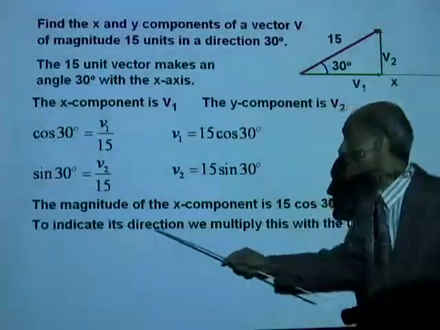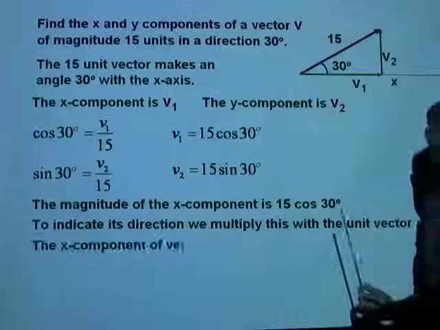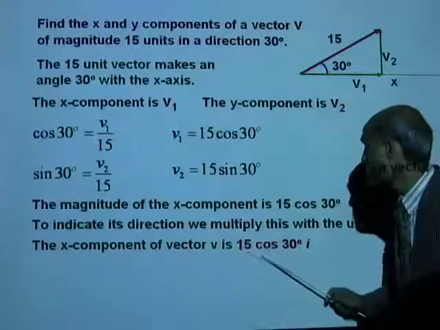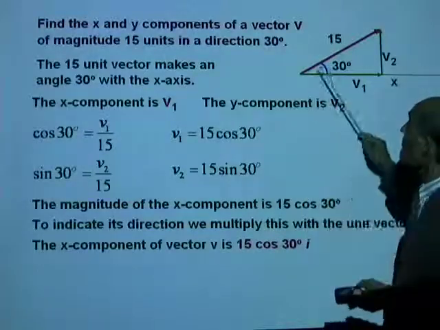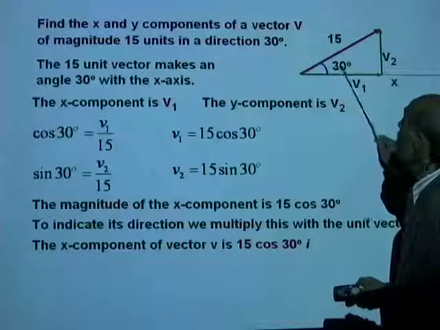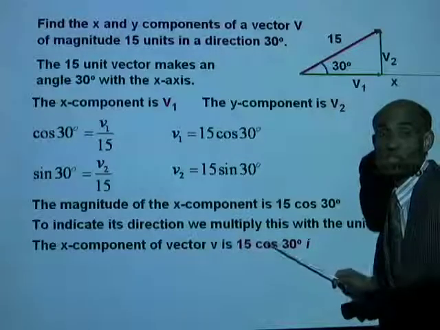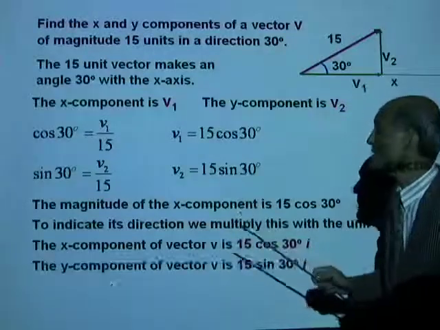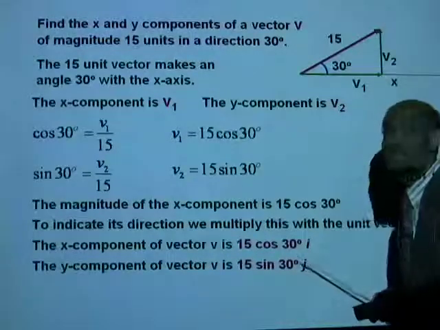To indicate its direction, we multiply this with the unit vector i. Therefore, the x component is 15 cos 30 degrees i. Look at this, a very important piece of information. A vector of 15 units at an angle 30 degrees with the x-axis has an x component 15 cos 30 degrees i. And what is the y component? The y component will be 15 sine 30 degrees j.